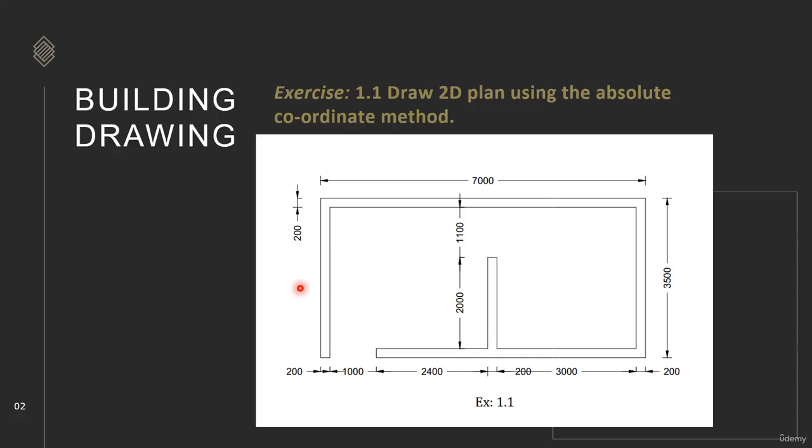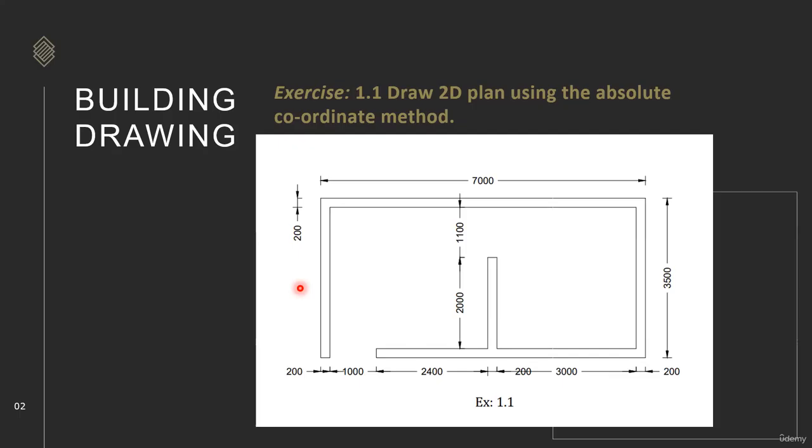Before starting the drawing, I want to tell you there are two methods for doing any plan. One is by using the tool commands, and the other is the coordinate system. We'll see how to do the plan using coordinates and also using the tools.